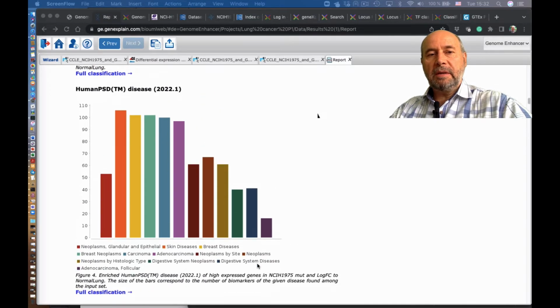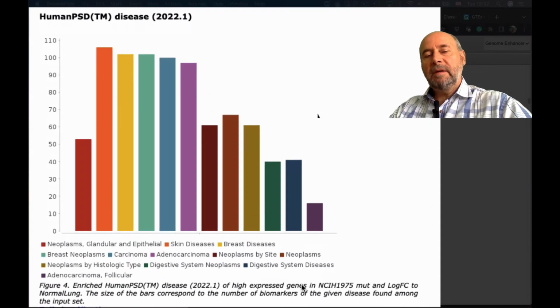Then those upregulated genes are mapped to human diseases. So basically, these are the various biomarkers of human diseases. Those 300 upregulated genes are mapped to various biomarkers of many different diseases. And here you see the top 10 found diseases.